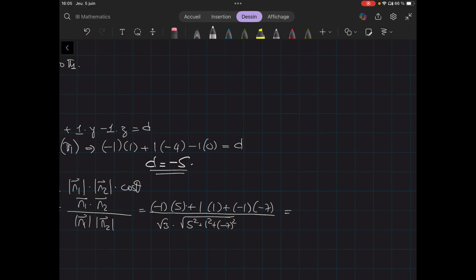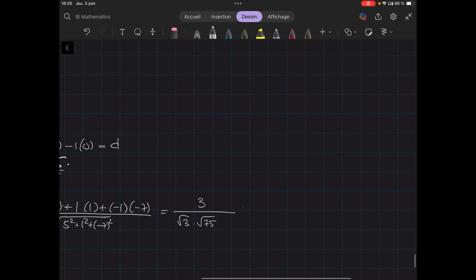Upstairs, we have -5 plus 1 plus 7, so that's 3. Downstairs, we have root 3 times root of 75. Root of 75, that is 5 root 3. That cancels out, you get 1 by 5, as requested.